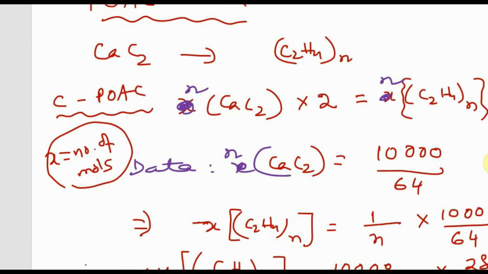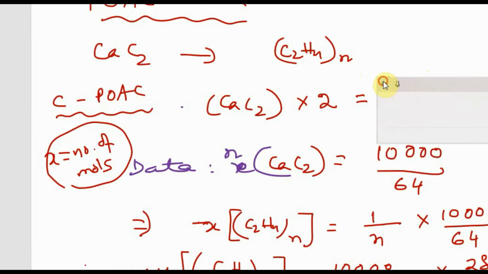Let it be like that. So the number of moles of polyethylene is equal to, the n gets cancelled. This is n, I'm sorry, because there will be repetition, I have written x instead of n.